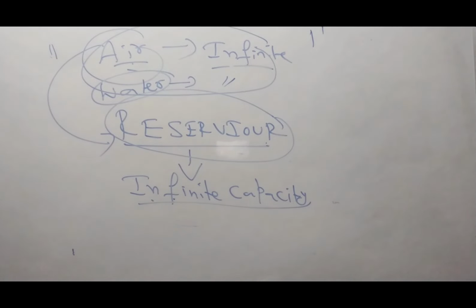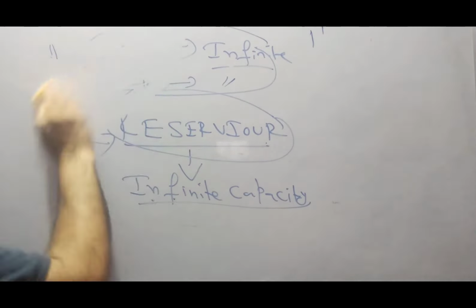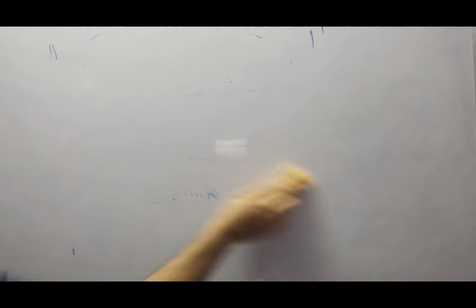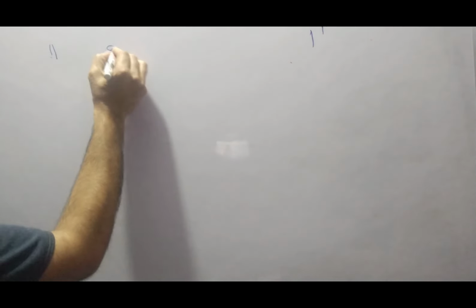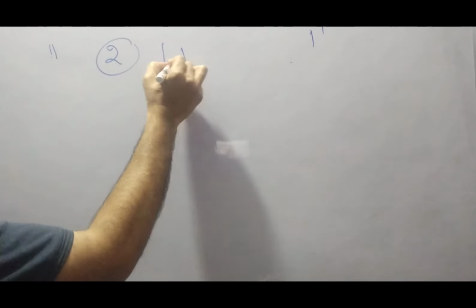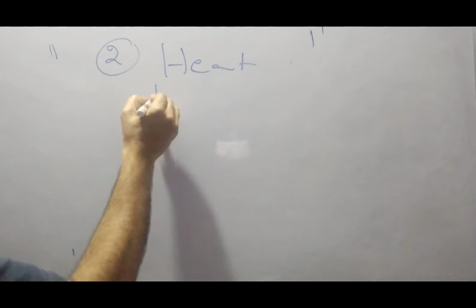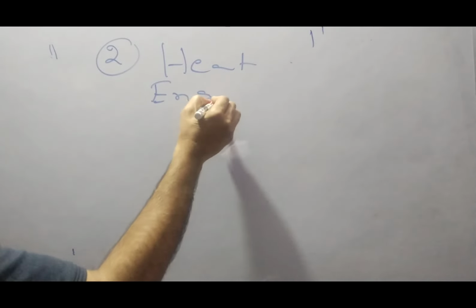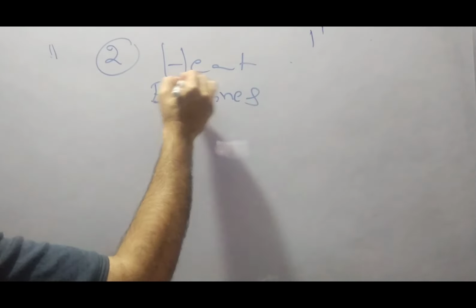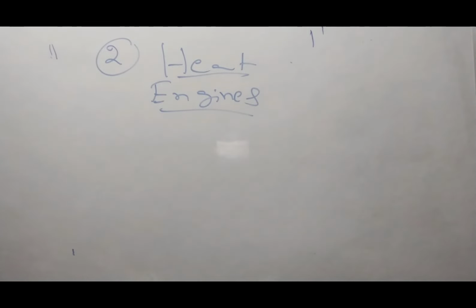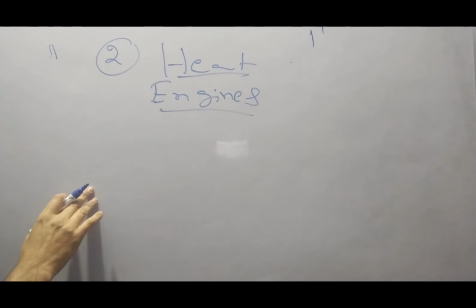And the second thing we have to know is the heat engine. Here I am not giving full detail about heat engines, only the important points, because we are dealing with the second law of thermodynamics, not heat engines.